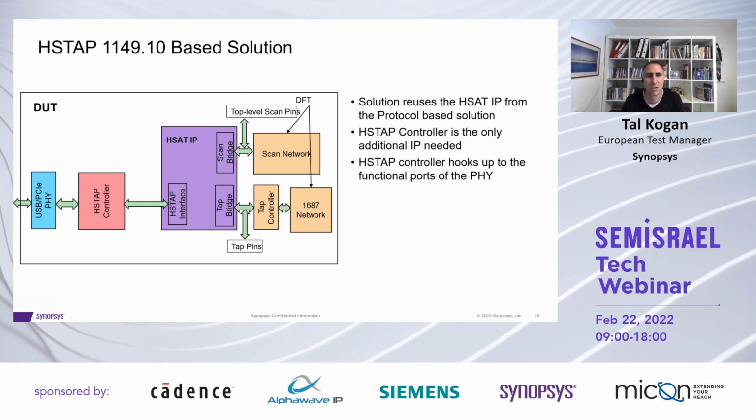So the only addition here to the system is actually the HSTAP controller, the high-speed tap controller, which is able to communicate on one side with the functional PHY, and on the other side, it is actually talking to the regular IP that I showed you earlier. So here, that's the only additional part, when you compare it to the previous and maybe more classic solution of HSIO.